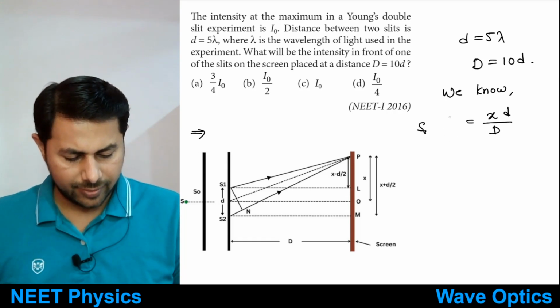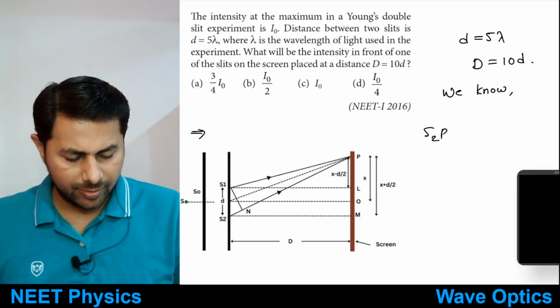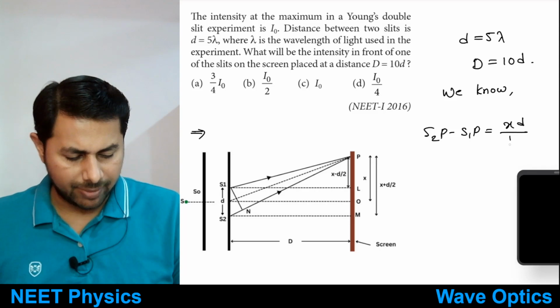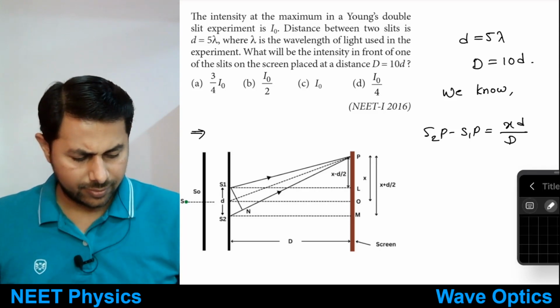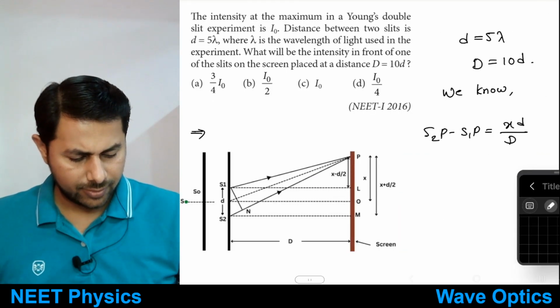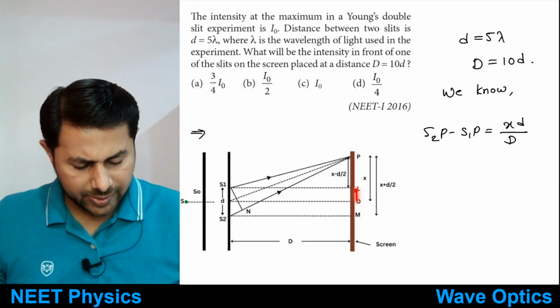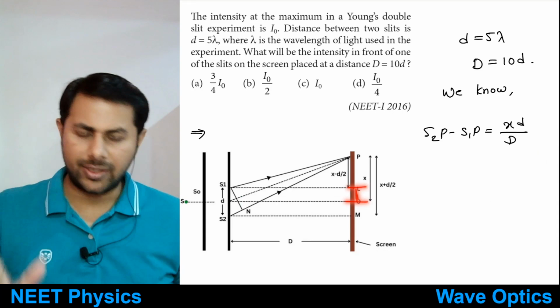S2P minus S1P is equal to x times small d by capital D. Right. Now, what is x? What is the distance of this point from the center?